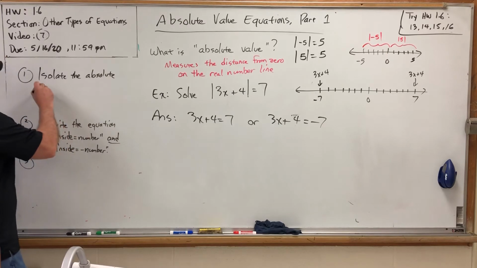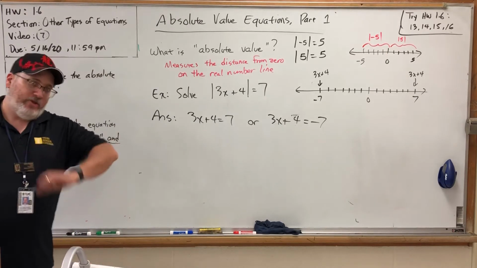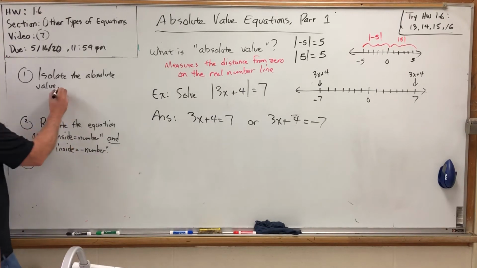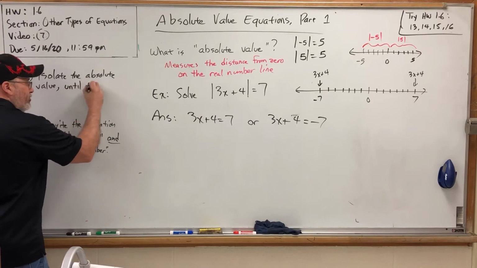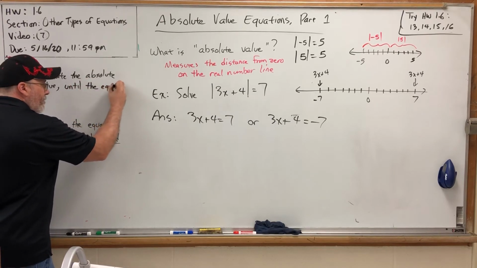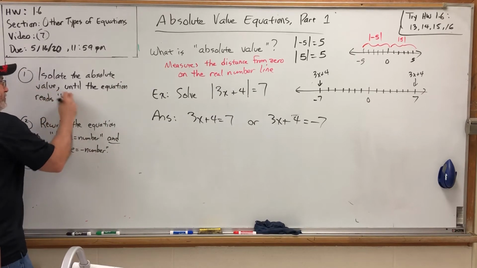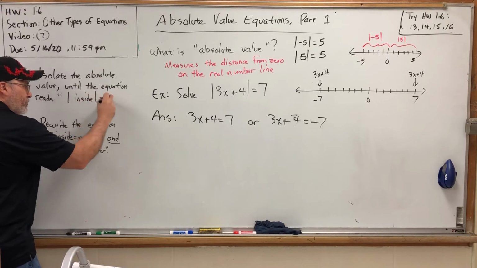I mentioned in a previous video that isolating an expression is a common first move so that you can handle that expression on its own. Isolate the absolute value, but I'm going to put a comma until the equation reads, quote, absolute value of something on the inside equals a number.